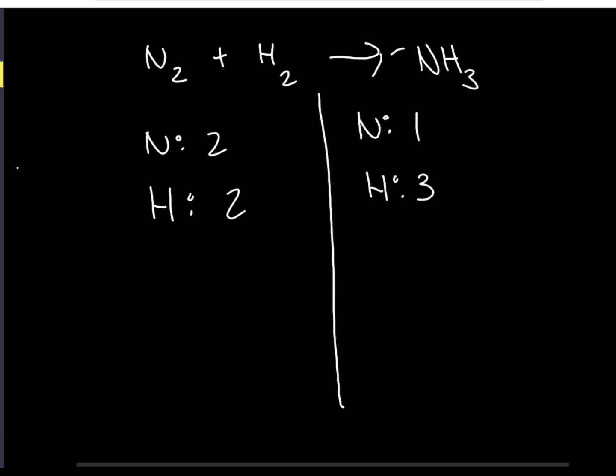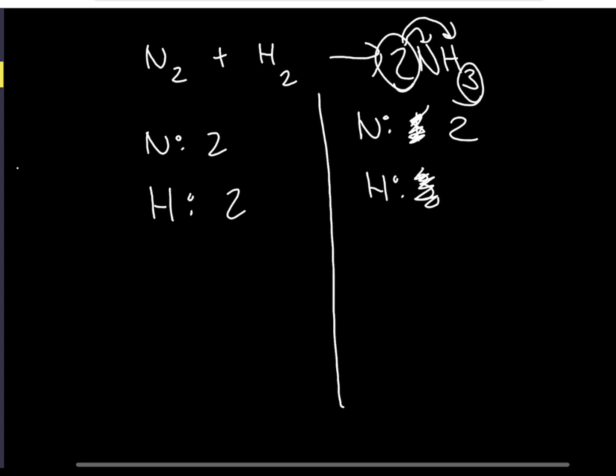So we're going to multiply this side by 2. You can think about this as the distributive property. You're distributing the 2 to the nitrogen so that this 1 becomes a 2, and 2 times 3 is 6. Well, because we did the distributive property, now our hydrogens are messed up even more. So how can we balance this?